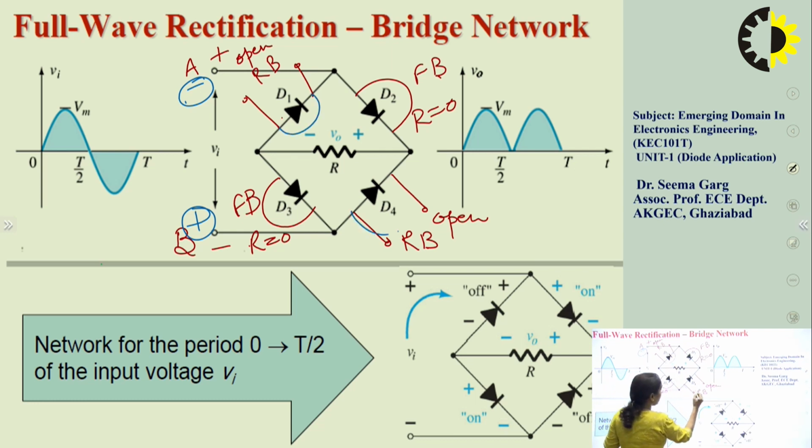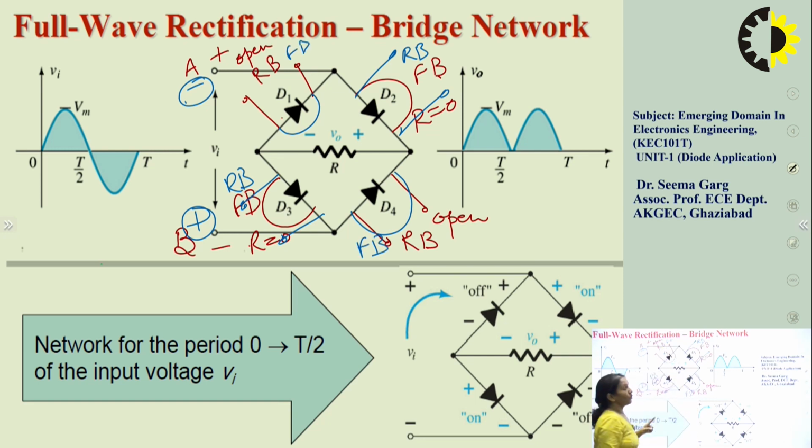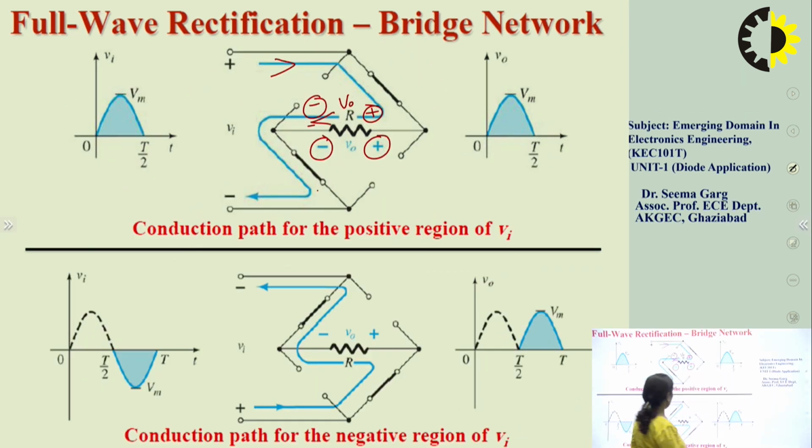Also, diode D4 will be forward biased, but diodes D3 and D2 will be reverse biased. So in this case, your equivalent circuit will look like this circuit. And this is minus and this is plus.